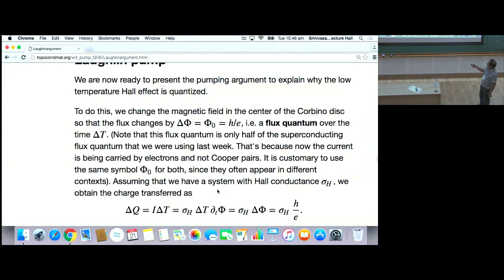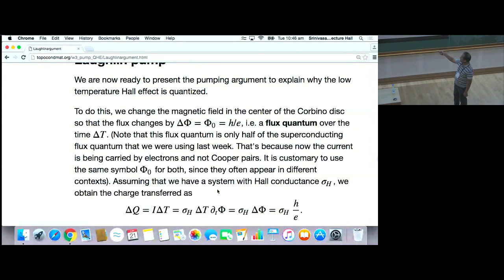So now d phi dt times delta T is delta phi, and delta phi is h over e. So what it tells me, finally, is that the charge pumped is Hall conductance times h over e, which means, but this is an integer.